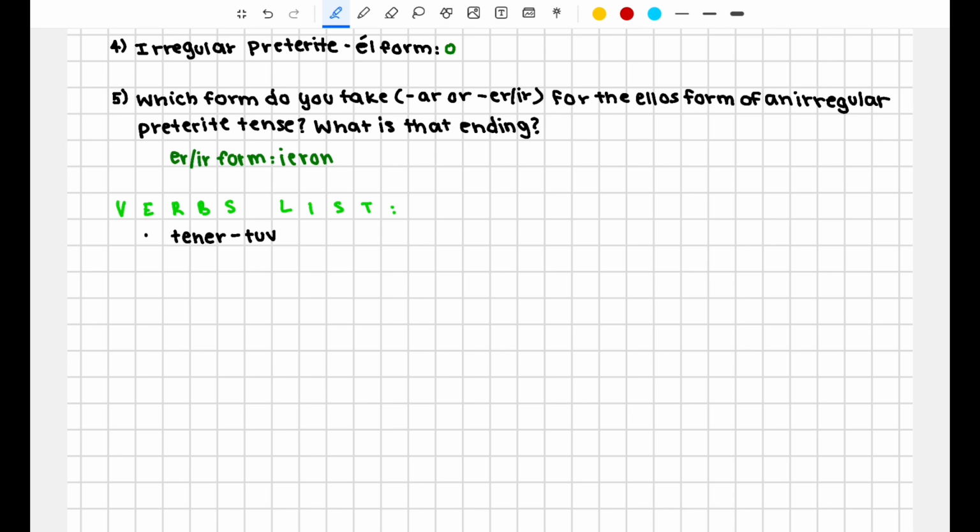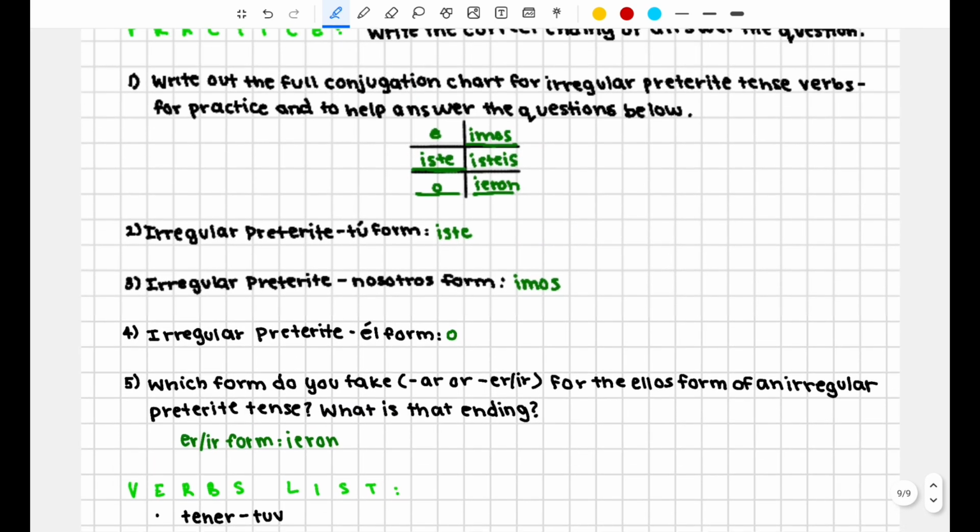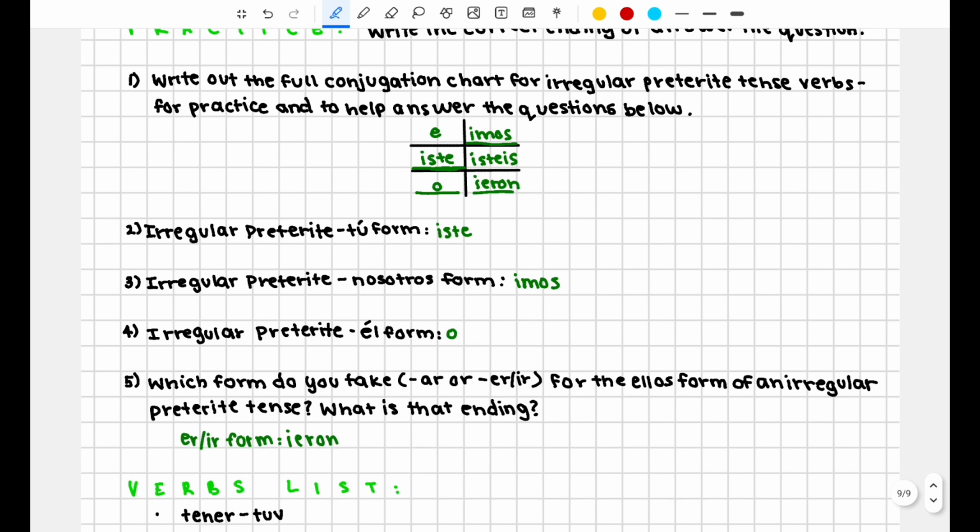And tener is a pretty special verb to start irregular preterite tense verbs with, because there are other verbs that follow or are similar to that stem. And if we talk about the full conjugation chart, obviously the formula is going to be the same, so the endings are going to be the same.